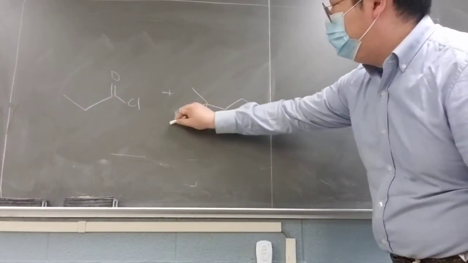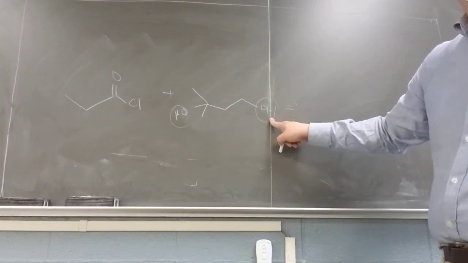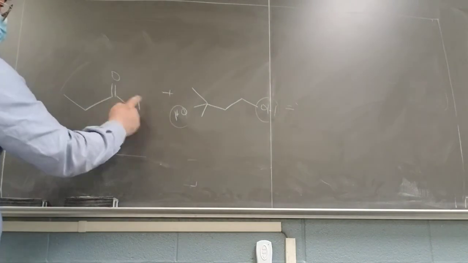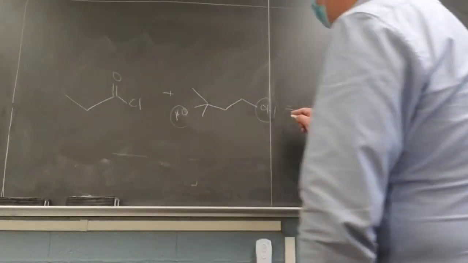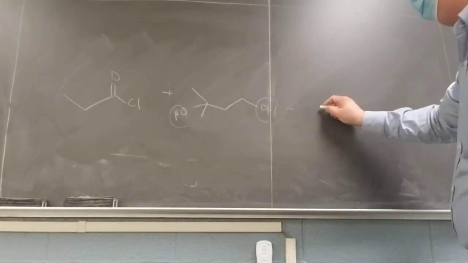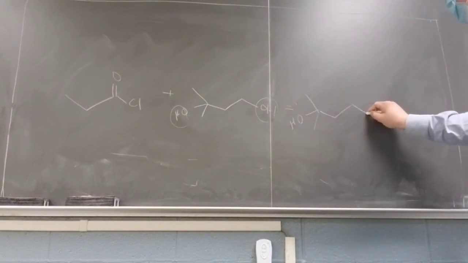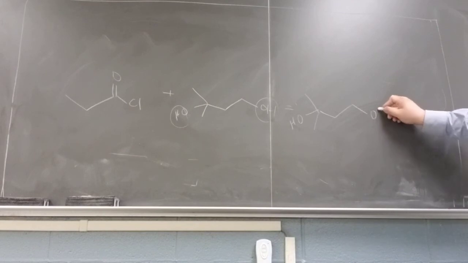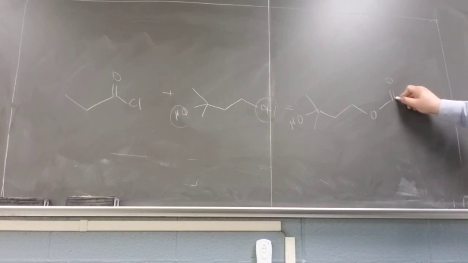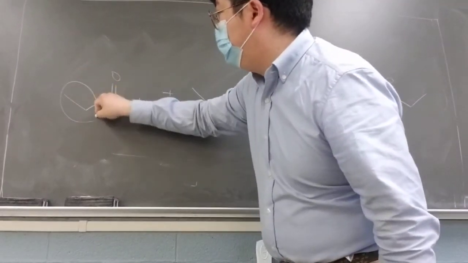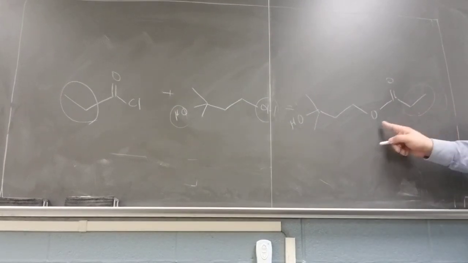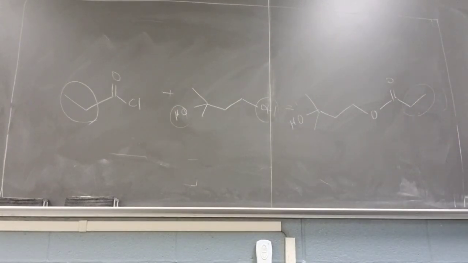Did you choose this one or this one? This one, right? Perfect. So when you do this one, it actually reacts here, not this part. Then this one just stays the same most of the time, and this oxygen moves onto this one because there's two. This will be the major product. Makes sense, right?